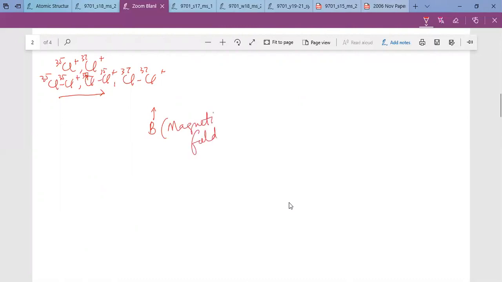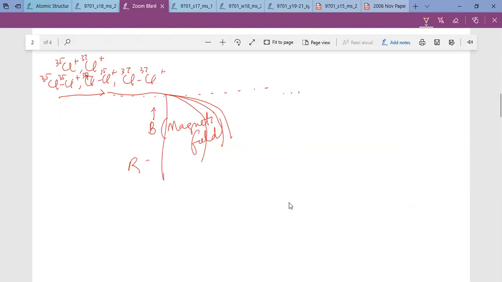If there's no field, they will just go straight. Charges are deflected by magnetic field and electrical field. Later we'll learn about electrical field. Now they will come over here and get deflected. They deflect according to R, the radius.